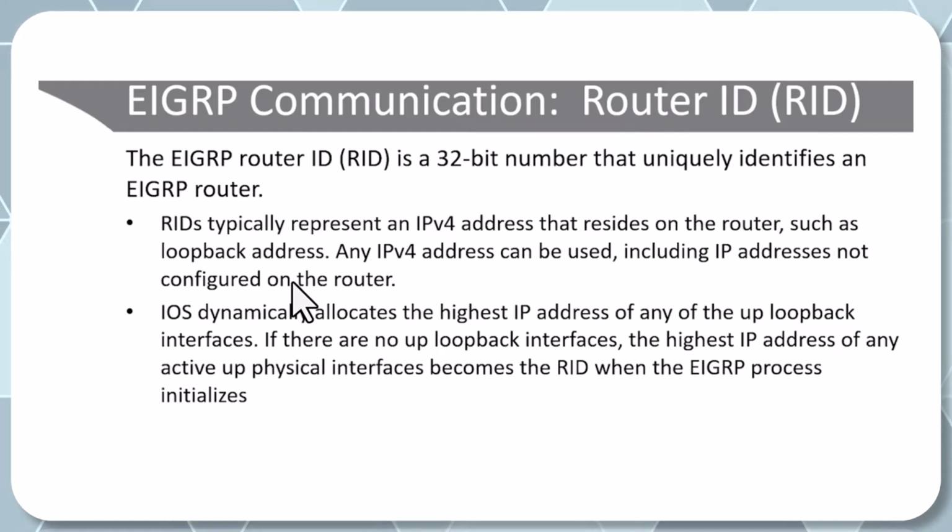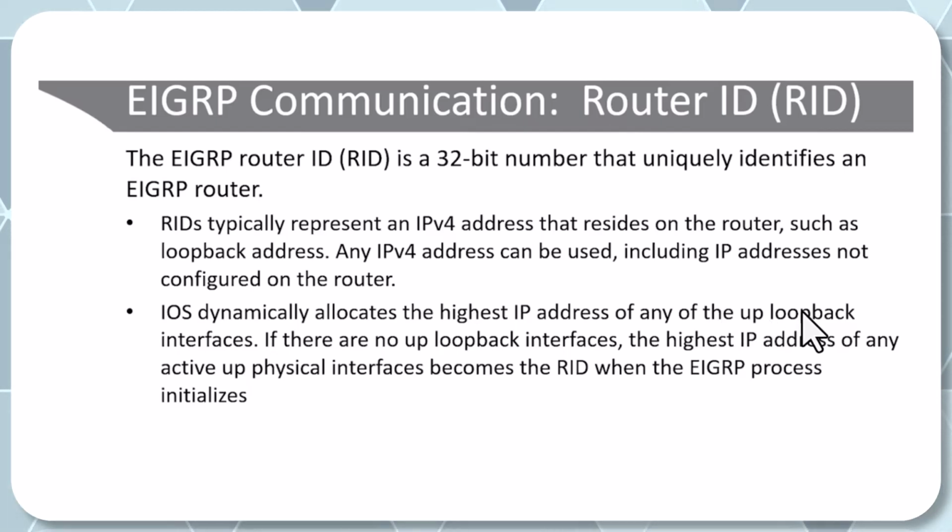So we can give a loopback address because a loopback address never goes down. Any IPv4 address can be used, including an IP address not configured on the router. We should not use an IP configured on a physical interface as the router ID, because the interface may go down but the loopback will not go down. IOS dynamically allocates the highest IP address of an up loopback.